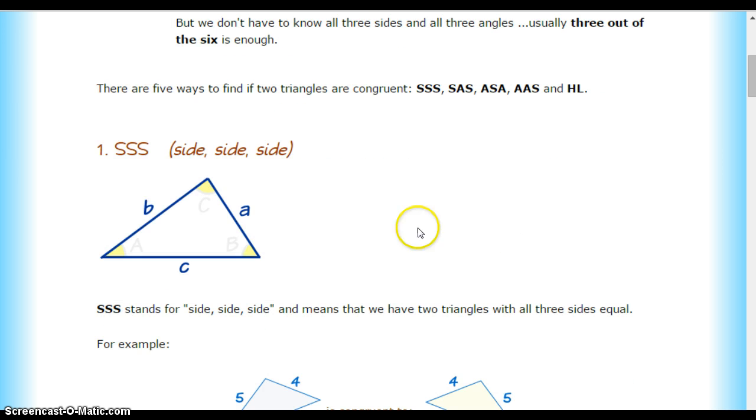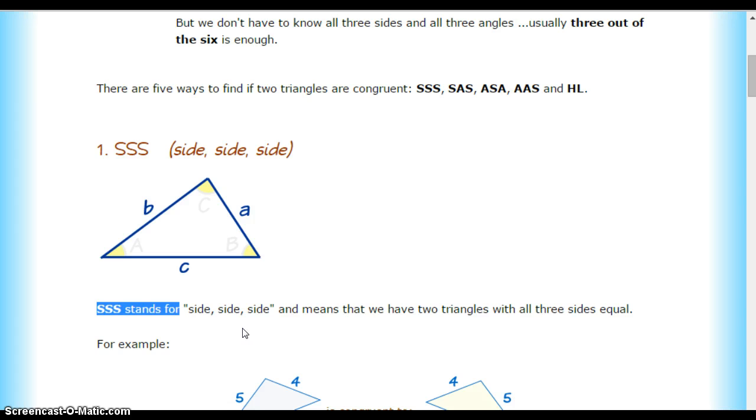Okay. So as you can see, they actually start talking about SSS. So let's read a little bit more. SSS stands for side, side, side, and means that we have 2 triangles with all 3 sides equal. So when all 3 sides are equal for 2 or even more triangles, then we can say that those triangles are congruent.